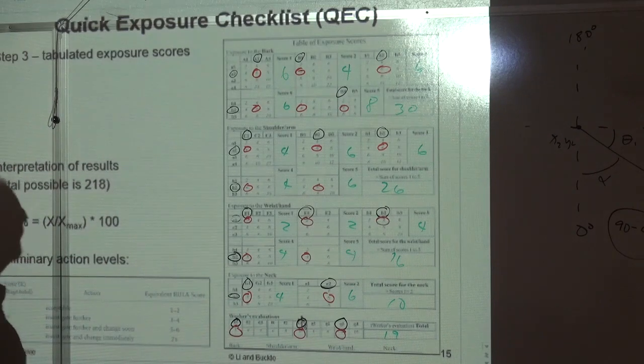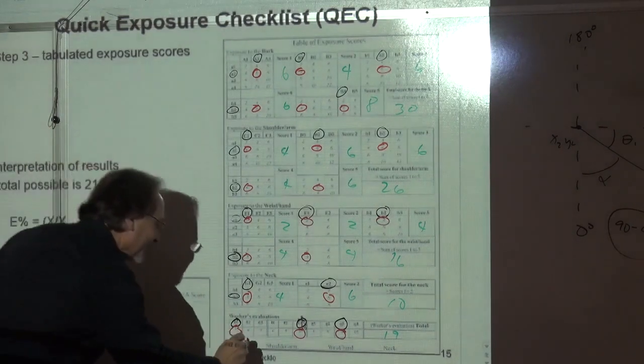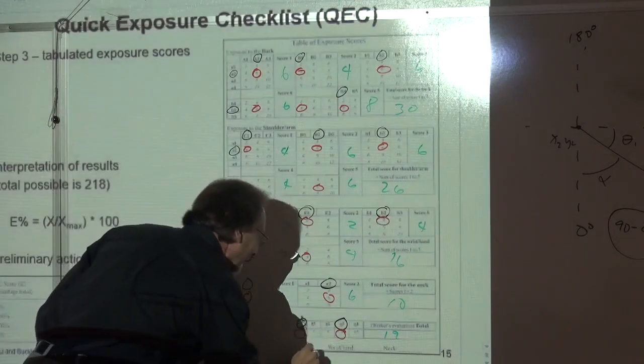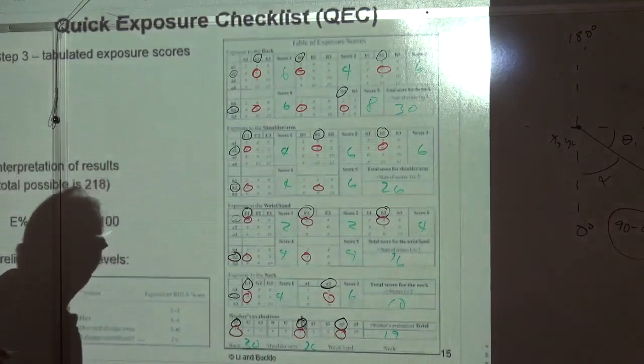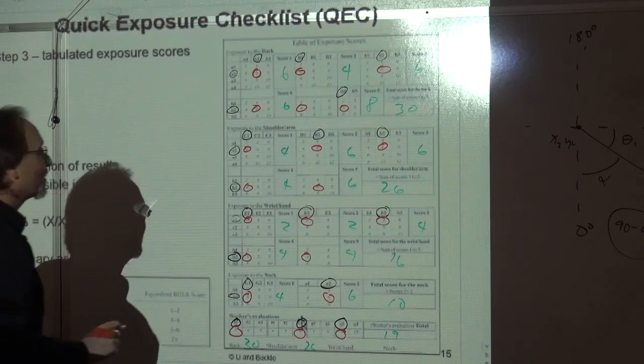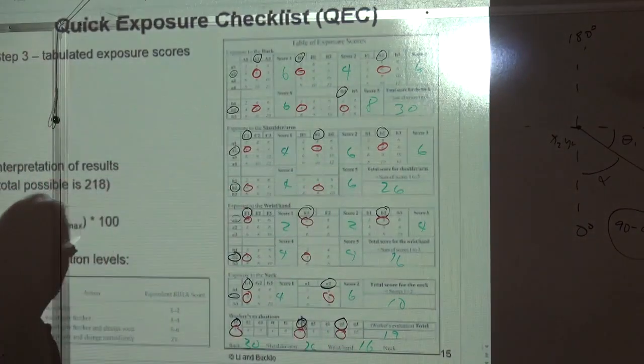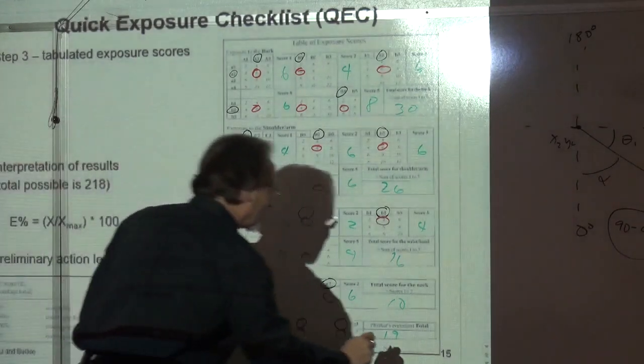So we have a back score of 30. We have a shoulder score of 26. We have a wrist and hand score of 16, and a neck score of 10.